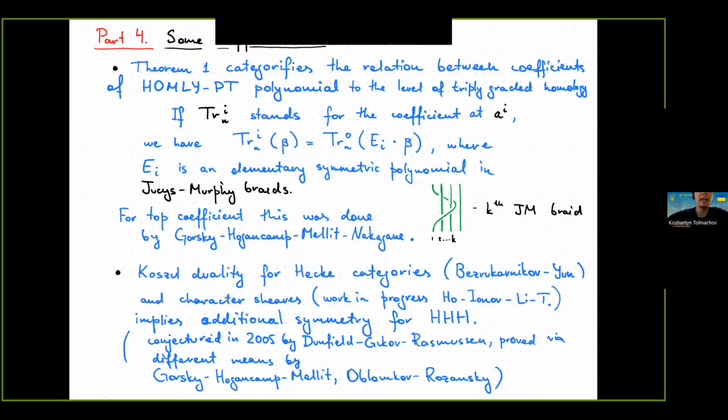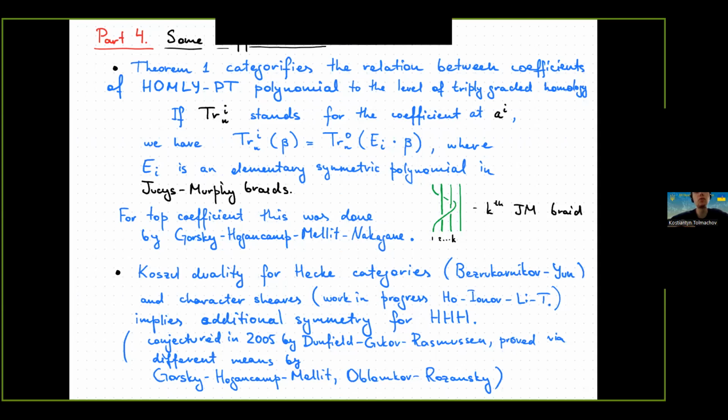So we can take the coefficient of this polynomial at a to the power of i, denoted here trace_i. And it turns out that you really need to know only the zeroth coefficient to recover all others. There are certain linear combinations of braids, E_i, which are elementary symmetric polynomials in what are called Jucys-Murphy braids.